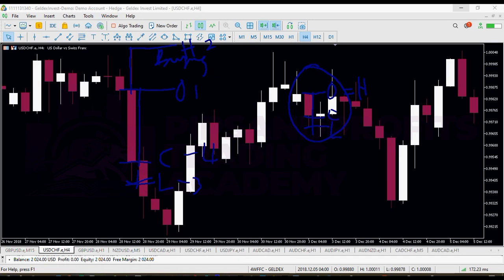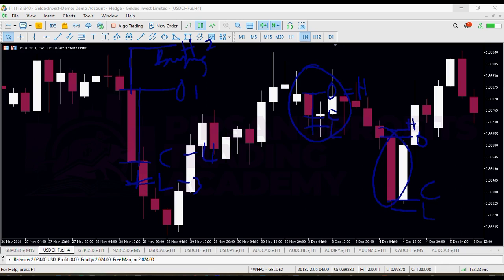Finally it closed over here. So this is a bearish candlestick. You can see that this is our opening, and then we had a very small high over here, and price was able to make a low and finally a close. That is why this particular candle here is bearish.